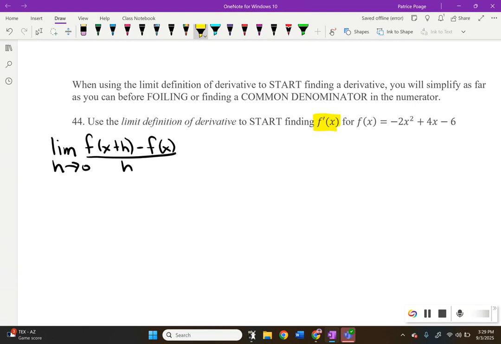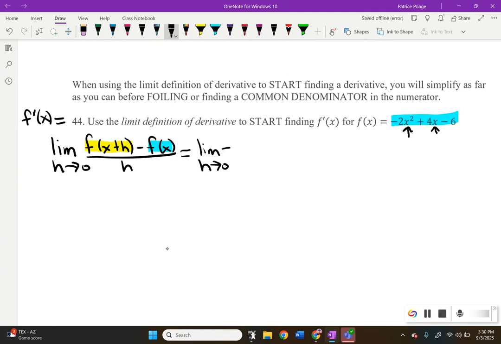So f prime of x, the derivative, equals what I'm doing right here. I need to replace this part and this part. The f of x is what was given to me, so that's easy. For f of x plus h, everywhere there's an x, I'm going to replace it with x plus h.